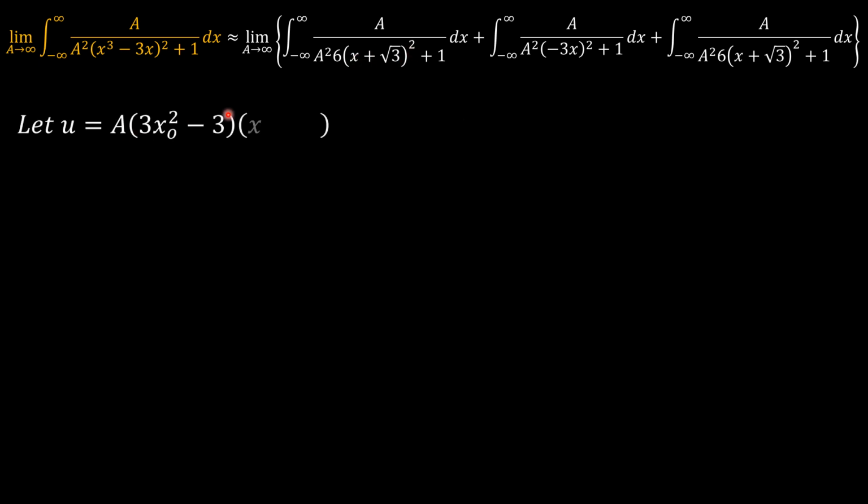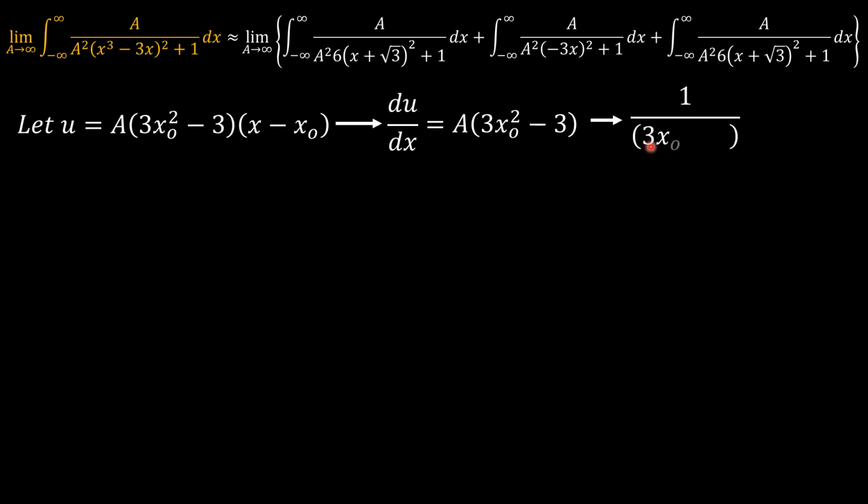So let u, I'm just using a general expression here, let u be equal to a times 3x naught squared minus 3 times x minus root 3. So du dx, differentiating both sides with respect to x, we get on the right hand side a times 3x naught squared minus 3. And we can divide both sides by 3x naught squared minus 3, so we have 1 over 3x naught squared minus 3 du equals a dx.